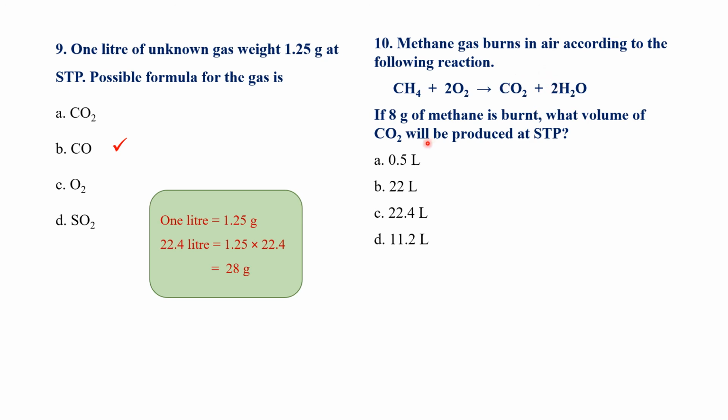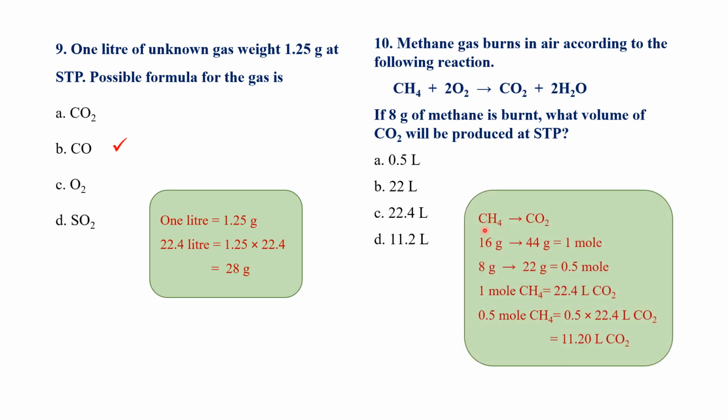So here we will compare methane with carbon dioxide. Now methane is converted into carbon dioxide. So the weight of methane is calculated as 12 for carbon and 4 for hydrogen. So we will get 16 gram, and the molecular weight of carbon dioxide is 44 gram.